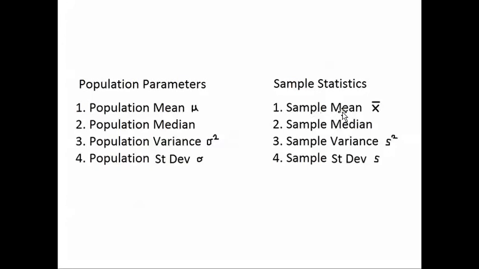The symbol for a sample mean is x bar. It's called x bar, but it's just an x with a bar above it. The symbol for a sample variance is s squared, and the symbol for a sample standard deviation is just the letter s. So all of the symbols for population parameters are actually Greek letters, and all of the symbols for sample statistics are just regular letters, just common letters.